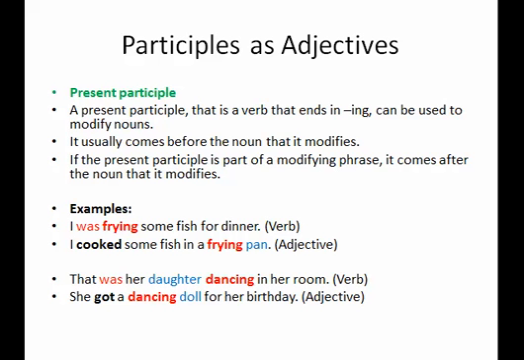It was not the one that was mute. It was not the one that could sing. It was the dancing doll. Dancing, although a verb, here, since it is describing the quality of the noun doll, is being used as an adjective. Is the idea clear?